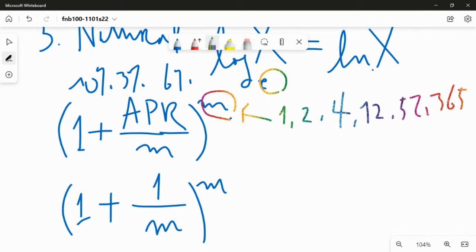That is annual, semi-annual, quarterly, monthly, weekly, daily. But is that all? I told you previously that for all practical purposes, they don't use anything above 365.